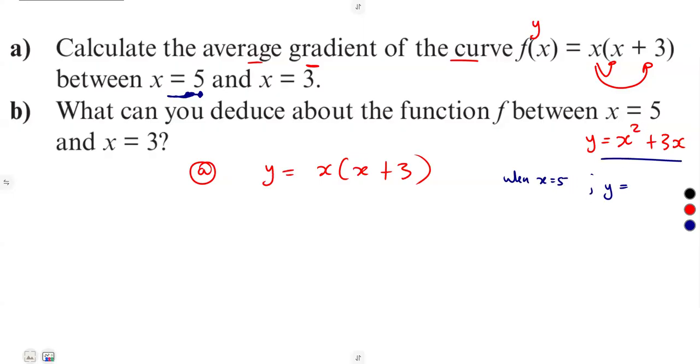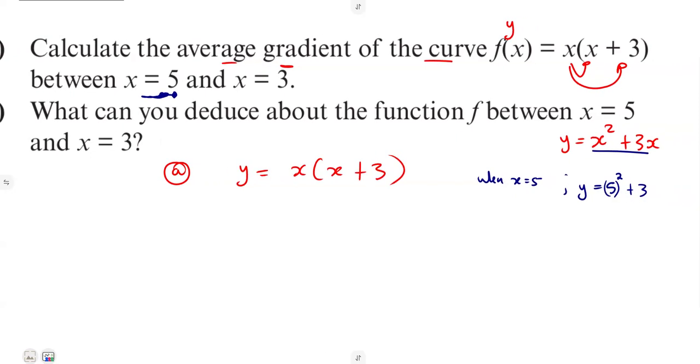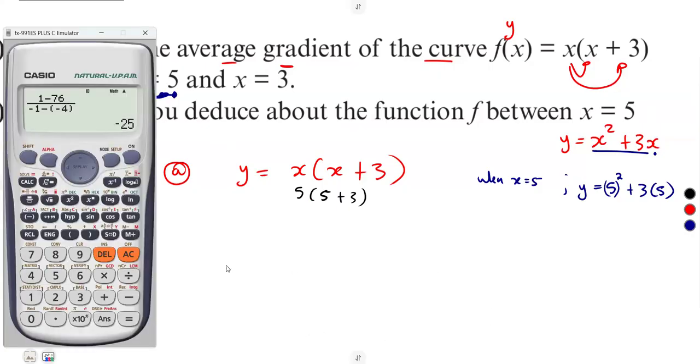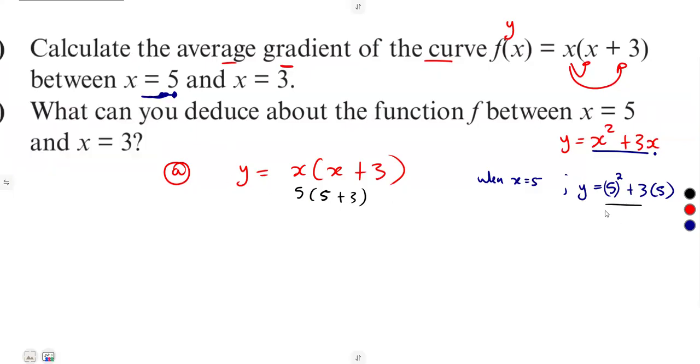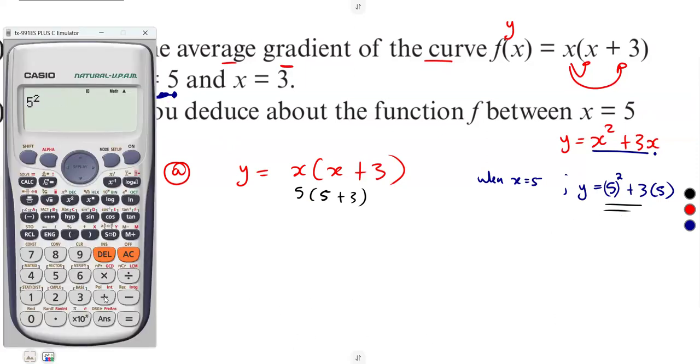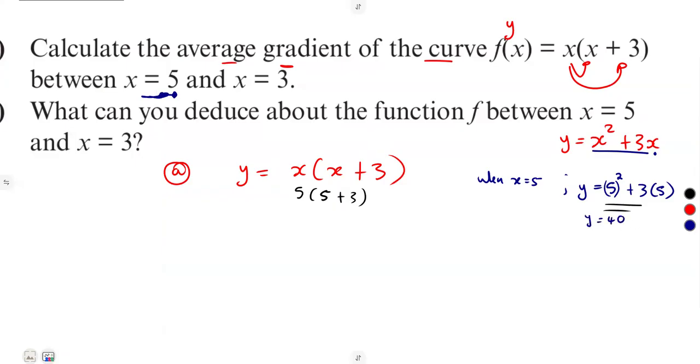If you are using the expanded form, it is 5 squared plus 3 times 5. Or you substitute into the factored form: 5(5 + 3), which is equal to 40. Either way, you obtain the same value of y, 40.